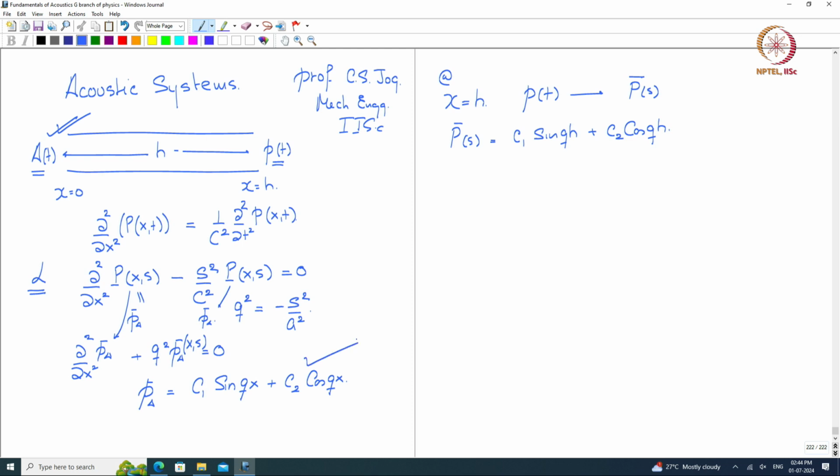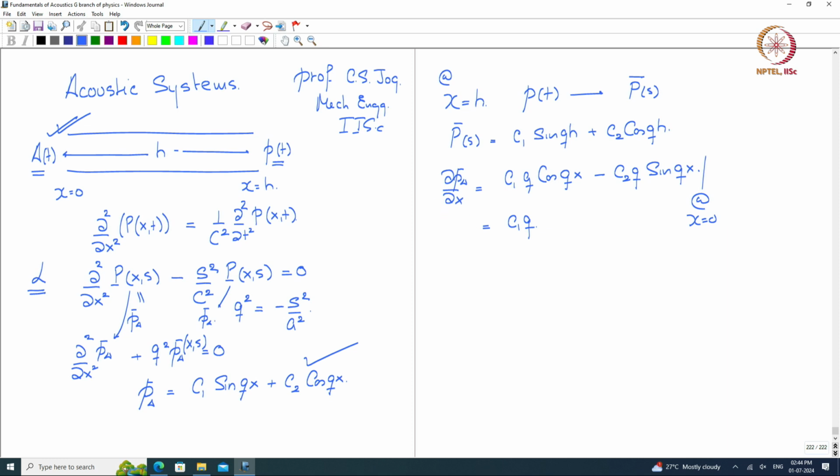From here del p bar delta by del x is equal to c1 q cos qx minus c2 q sin qx, and at x equal to 0 I have c1 q.